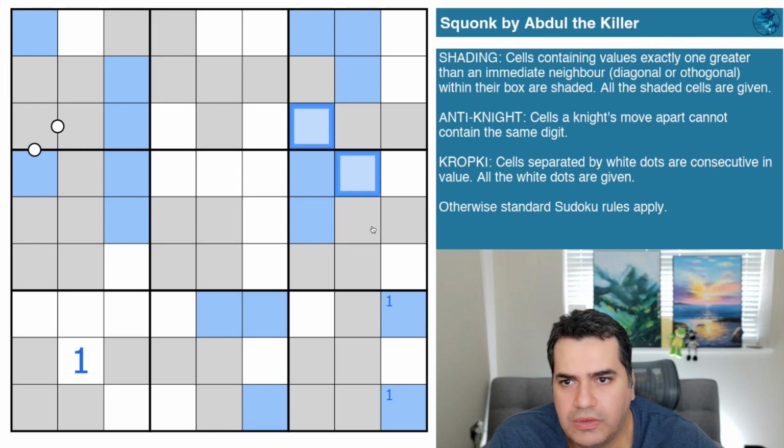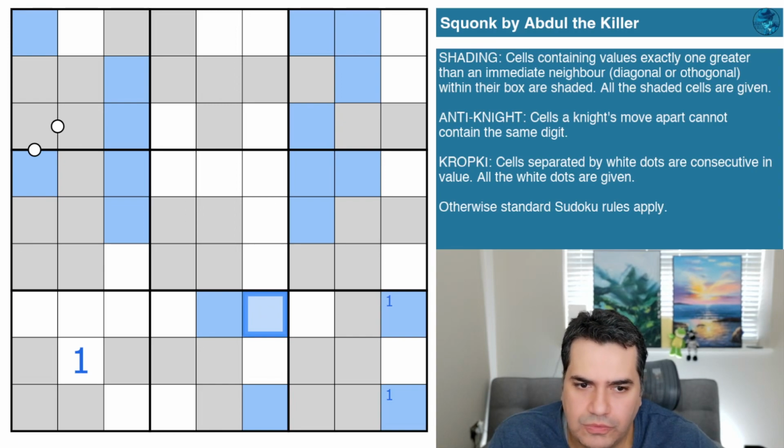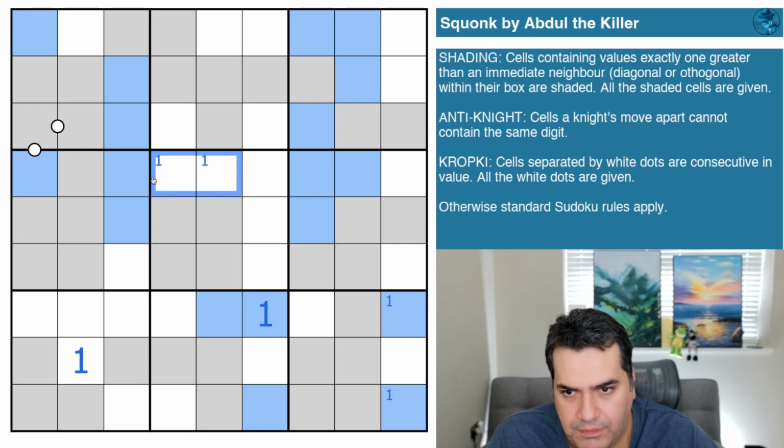There's nothing wrong with that. Wow, this is getting a bit ludicrous. Let's try a 1 in here. If I put a 1 in there, no problem for box 5. I just have to place a 1 in here.